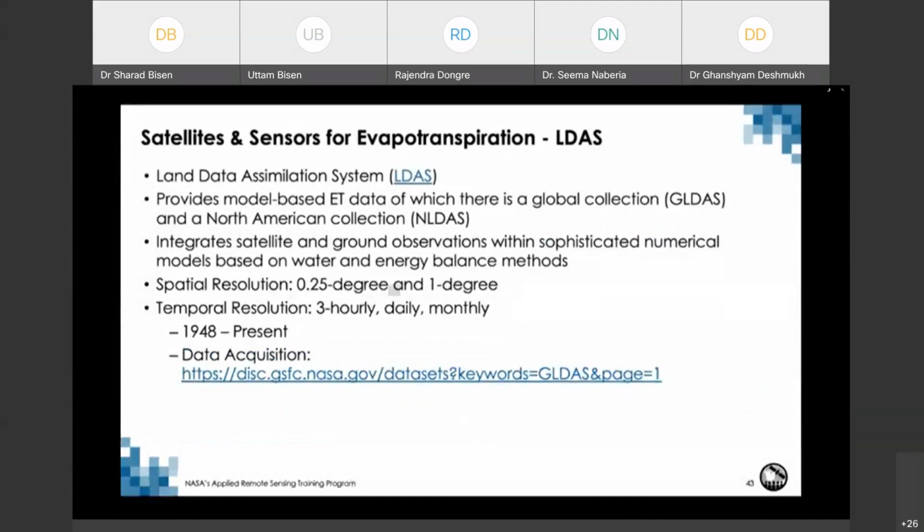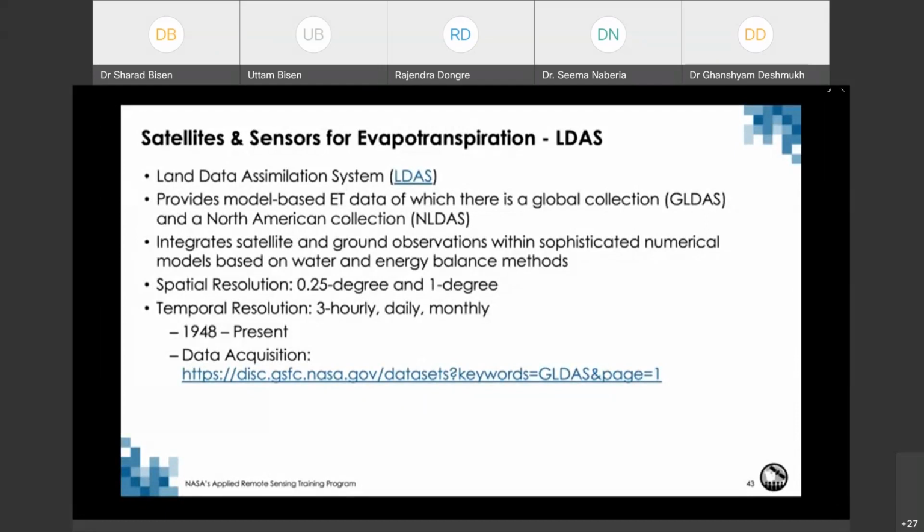The last resource we'll discuss for evapotranspiration is the Land Data Assimilation System, or LDAS. The aim of LDAS is to produce high-quality fields of land surface states, for example, soil moisture and temperature, and fluxes, such as evapotranspiration and runoff, by integrating satellite and ground-based observational data products using advanced land surface modeling and data assimilation techniques.